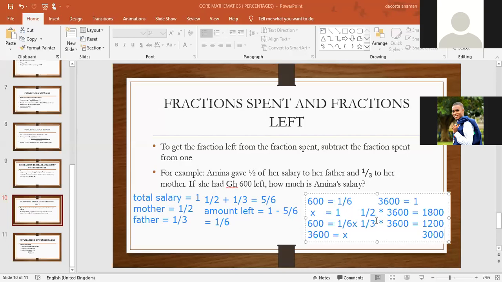Okay, so the total amount Amina gave to her parents is 3,000 Ghana cedis. And now the question said 600 was left. So how much is Amina's total salary? And that's 600 plus 3,000. And that'll give us what? 3,600 in total.